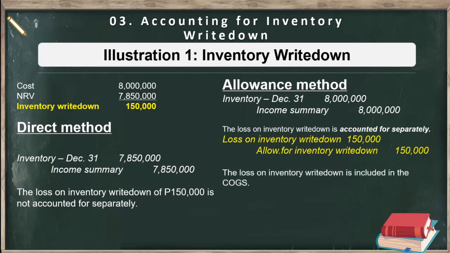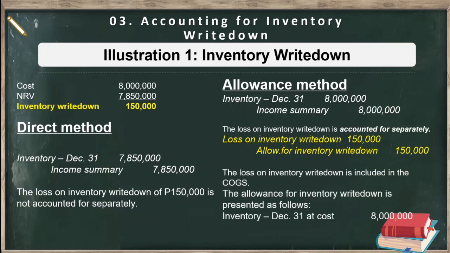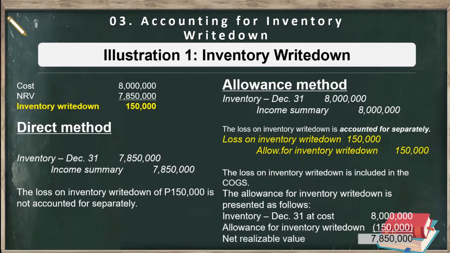The loss on inventory write-down is included in the computation of the cost of goods sold. And the allowance for inventory write-down is presented as follows. Inventory on December 31 at cost, 8 million. Allowance for inventory write-down of 150,000. And the net realizable value is 7,850,000, which is the lower amount between the cost and the net realizable value.